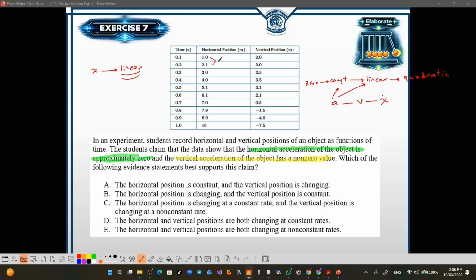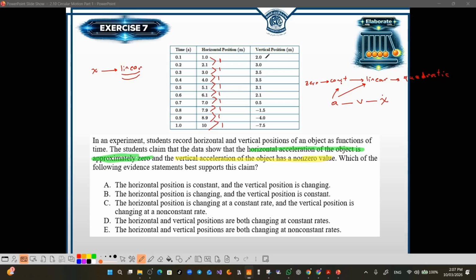Here the difference is 1, and here 1, and here 1. There is 1.1, but I'm going to write it as 1 because we are dealing with experimental data, so it's possible to have slight variation between the different time intervals. So in general, the difference is 1, so the horizontal position is linear because the first difference is constant.